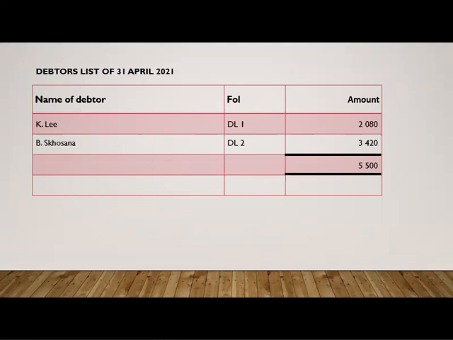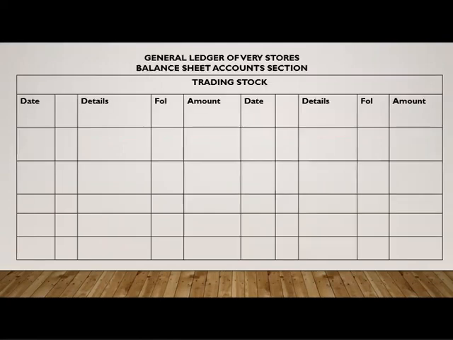Once I'm done with that, I will simply go straight to my ledger account. We have done trading stock. Please note that in this case, your trading stock normally, the balance is given to you as 10,500, but it normally decreases by the cost price of goods that were sold.